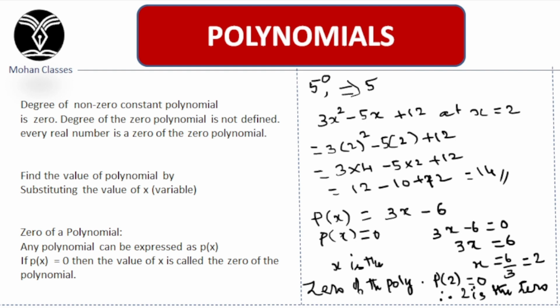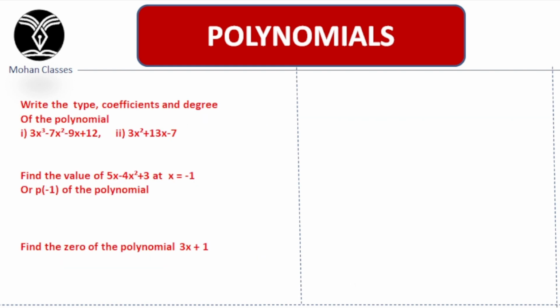Let us do some so we will understand a little bit clearer. Here write the type, coefficients and degree of the polynomial. Here what is the polynomial we are having? 3x squared minus 3x cubed minus 7x squared minus 9x plus 12, right? So what is the coefficient of x cubed?